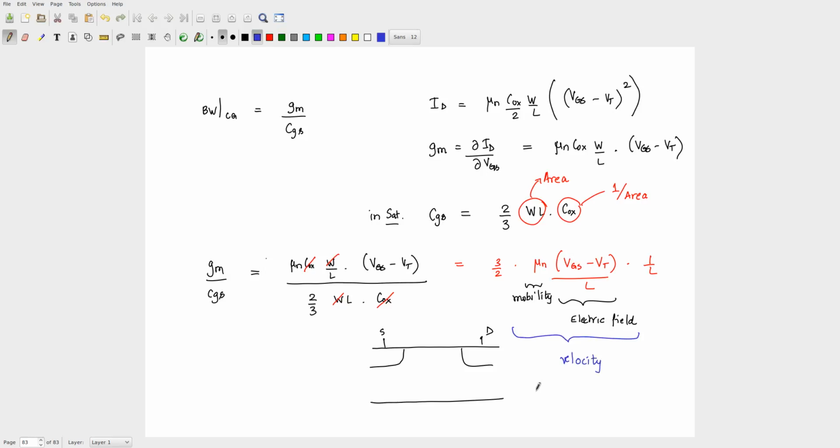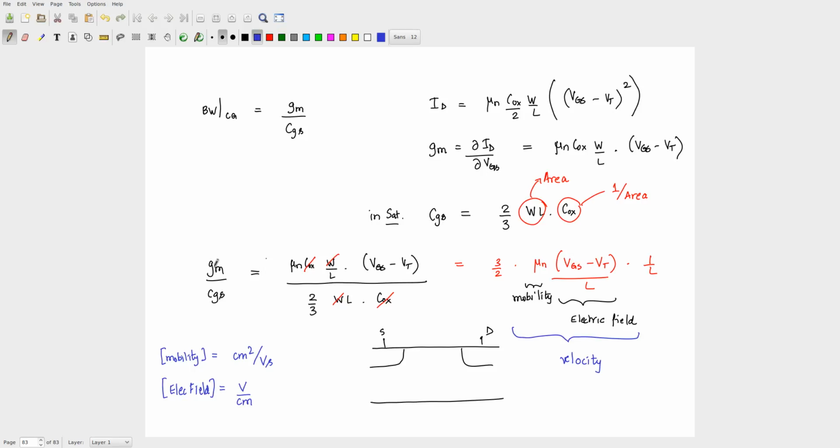Why is that? You can check. What are the dimensions of mobility? Okay, you won't know this. It is centimeter squared by volt second. And the dimensions of electric field would be volt per centimeter. If you put this in here, you will see that mobility into electric field will have a dimension of centimeter per second, which is nothing but velocity.